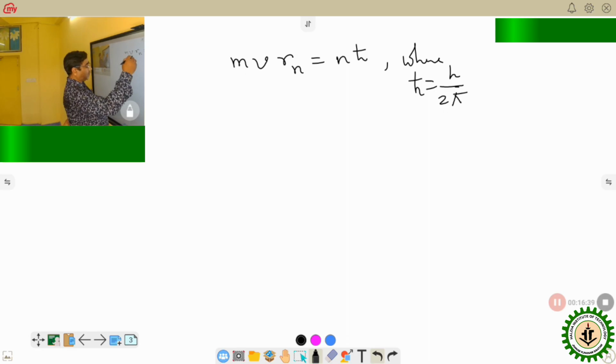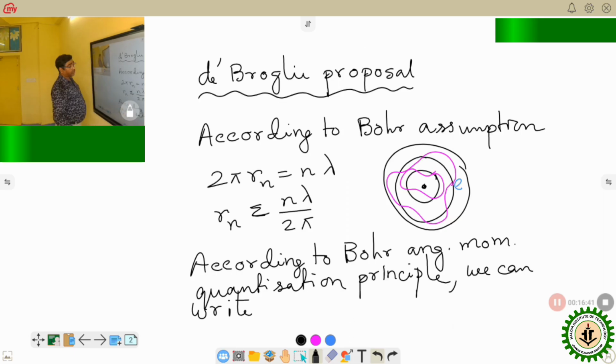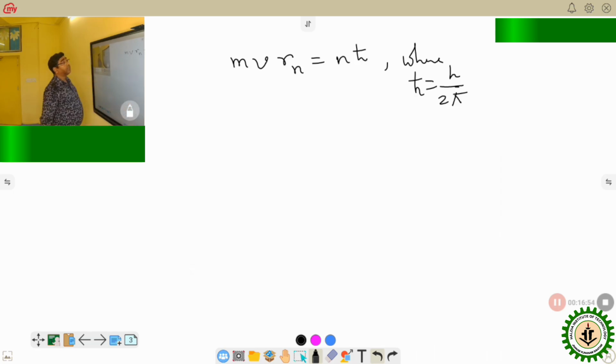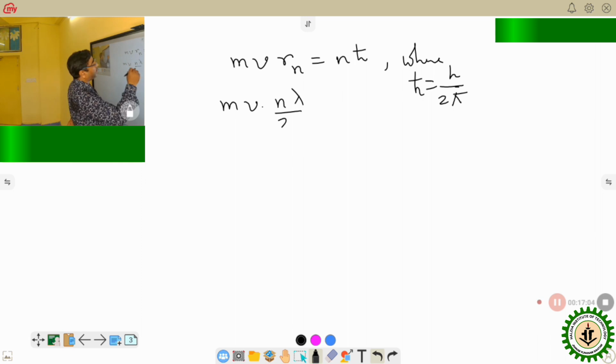If we consider this as equation 1 and put the value from equation 1 here, then m v rn is m v n lambda by 2 pi equals n h cross.